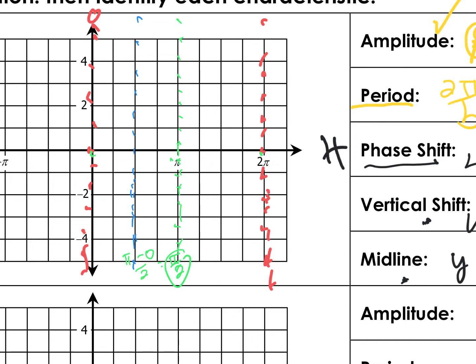To go between pi and 2 pi, what is that value here? Let me calculate. I had this as 2 pi, this as pi, and we've calculated this as pi over 2. If this distance is pi over 2, then this distance is also pi over 2.